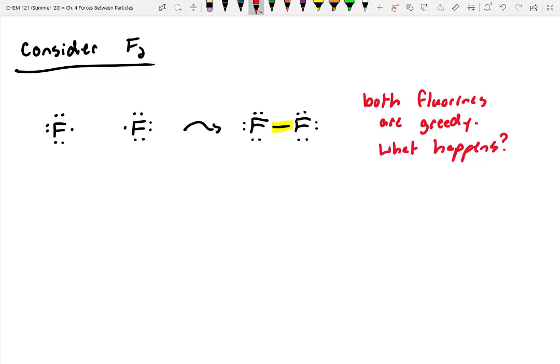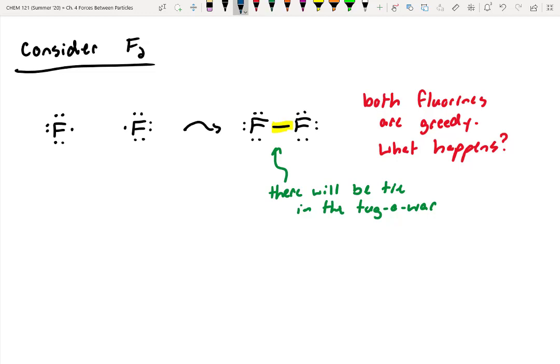So if you have 2 fluorines, there's going to be a tie in the tug of war. Basically, it's just saying they're evenly matched, neither side will win, there's no winners, there's no losers, they're just kind of unhappy, and that's the status quo.